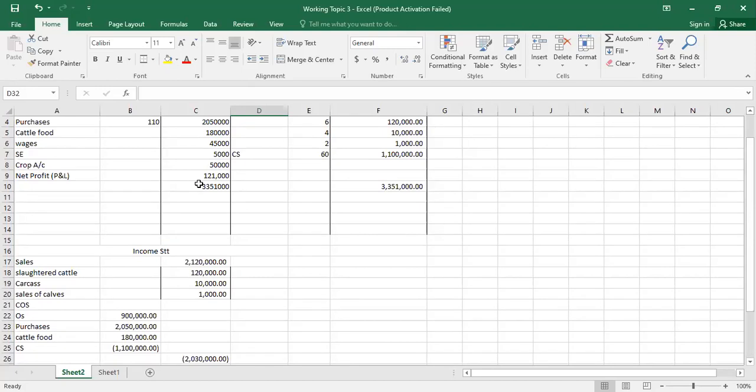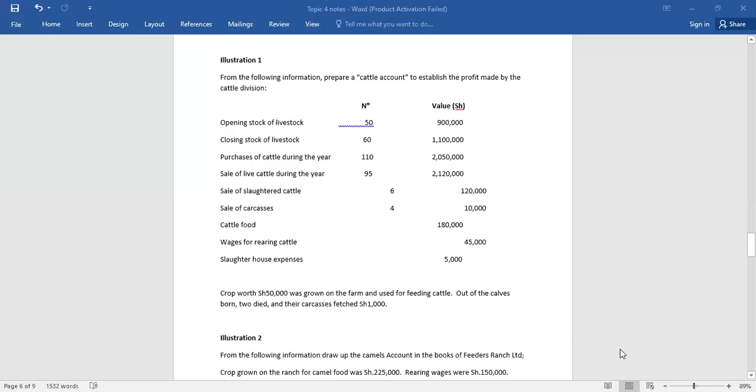So we are getting the same figure, the 121,000. I'll go back to the notes. So I'll stop sharing that and bring the notes. And I have an illustration here for you.